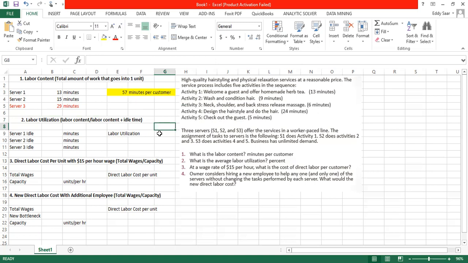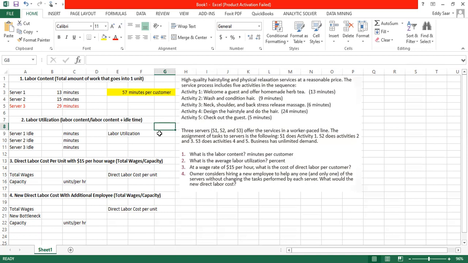The idle time is the bottleneck minus the task time. It lets you know how much time your resources are doing nothing and not being productive. Ideally, you want the idle time to be as low as possible if you're trying to have an efficient process.